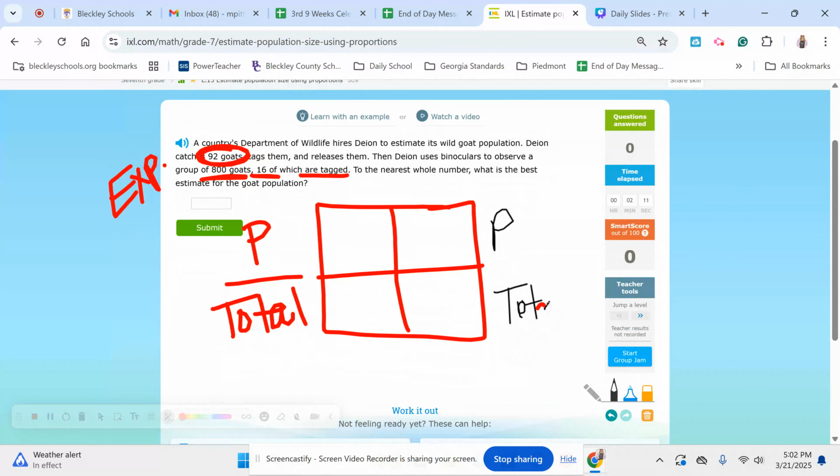Alright, part to total. This first column right here is our sample, and then we have the experiment part. In the experiment we had a total of 800, of which there were 16.